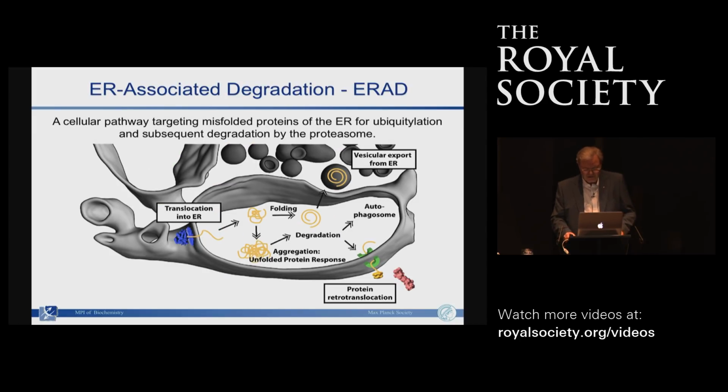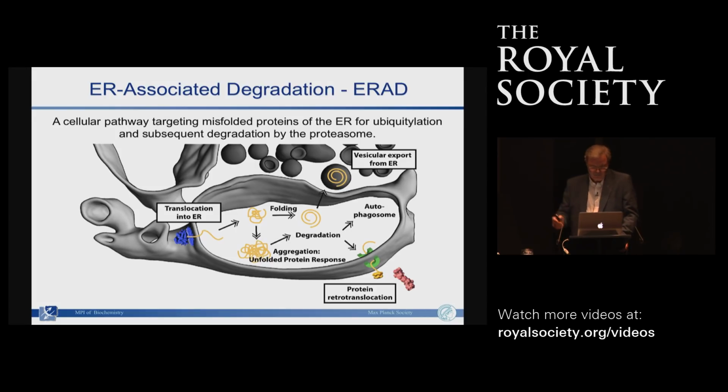Now, coming to the ER-associated proteasomes, I think many of you have heard about the unfolded protein response or ER-associated degradation, the ERAD system, which is well studied and characterized biochemically.